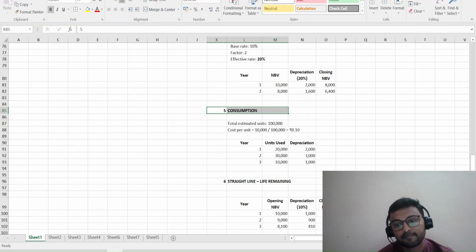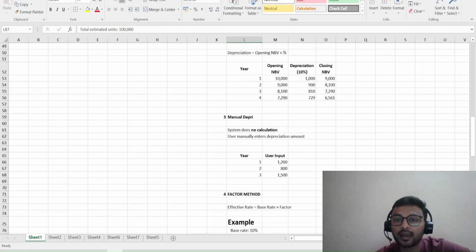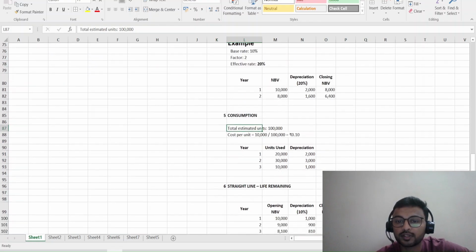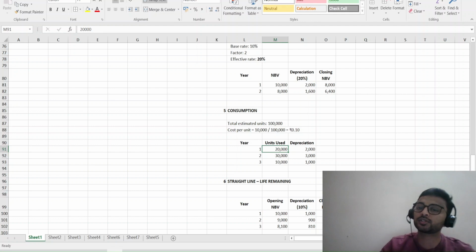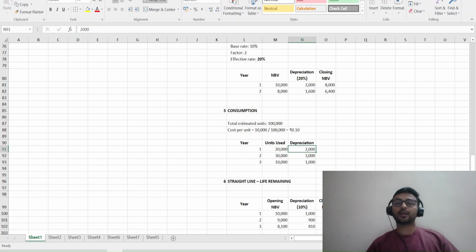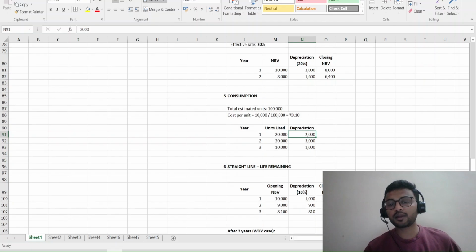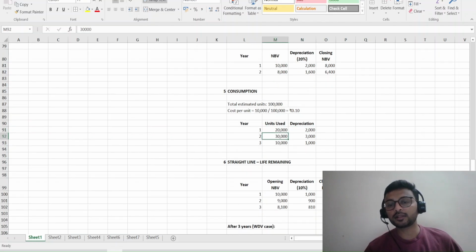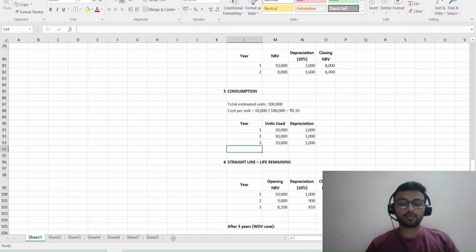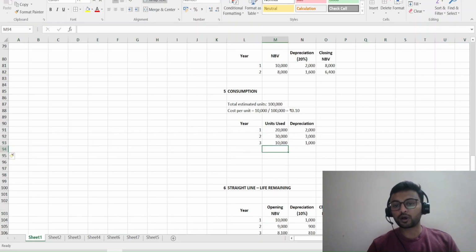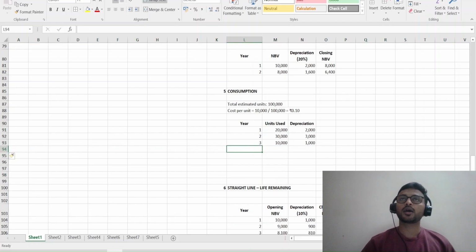Suppose I will produce this 1 lakh units over the 10 years of useful life. In the first year I have produced 20,000 units, so my depreciation is 10% of 20,000, which is 2,000. Similarly, for the second year it is 30,000 units. For the first 4-5 years the asset capacity is very good, so it will produce more and consume more units.